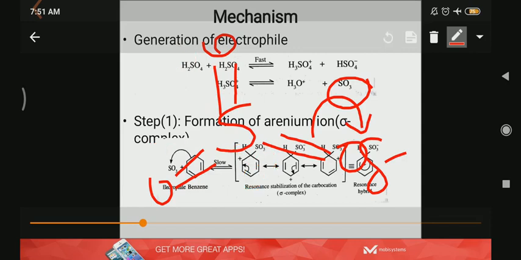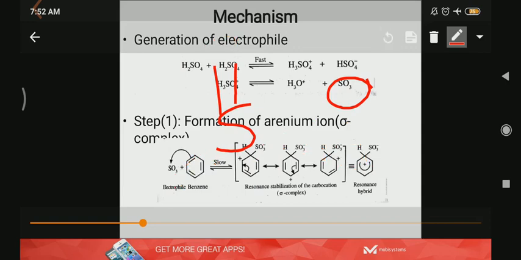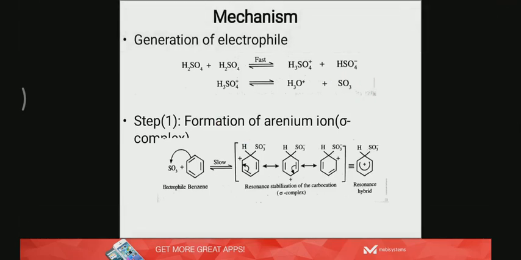Now coming to the mechanism, the first step is attack by the electrophile forming sigma complex. You can easily see it here. Benzene ring is there, SO3 is there, and one pi bond from the ring is used to form bond with sulfur. So it takes place like this. We can easily understand how the bonds are formed.